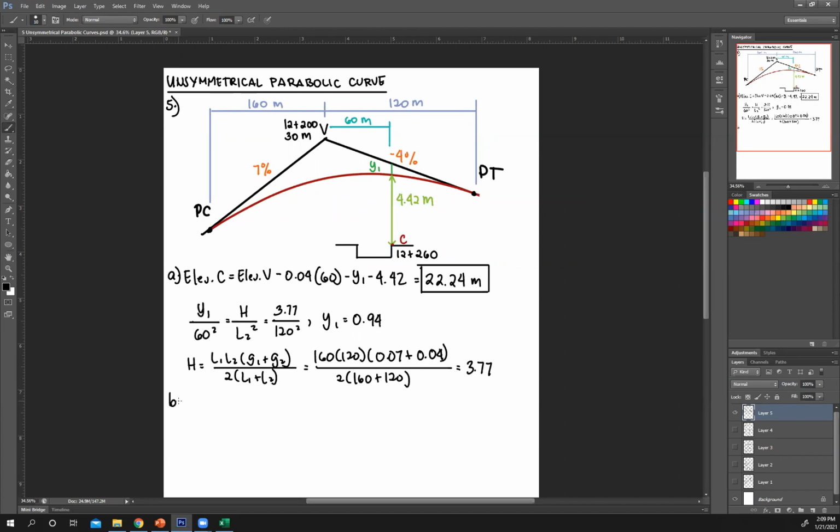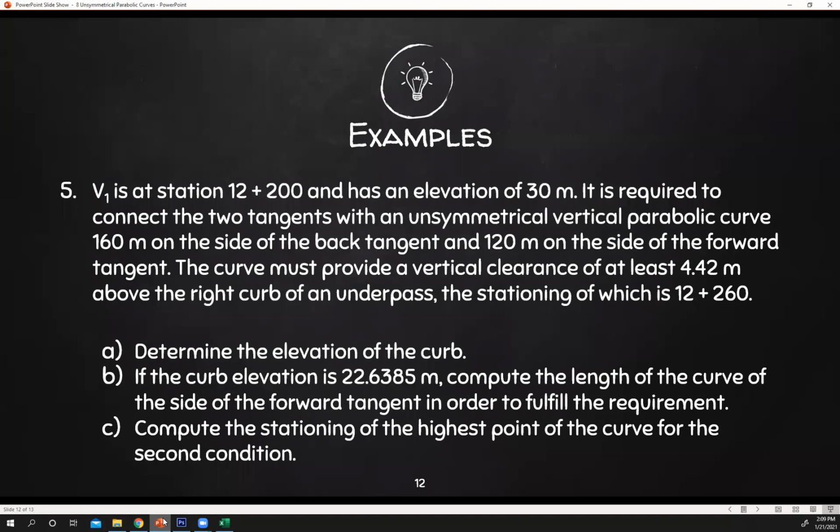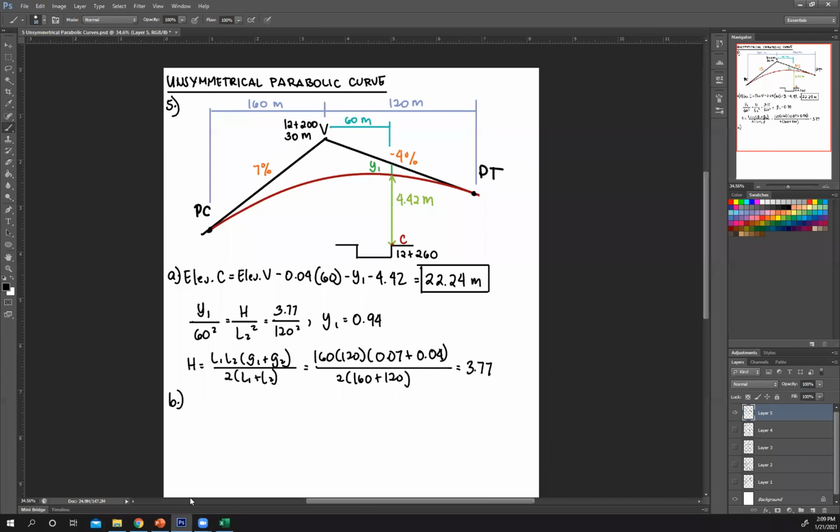Next, letter B. If the curve elevation is 22.6385 meters, compute the length of the curve on the side of the forward tangent in order to fulfill the requirement. So we're going to have now a given elevation, 22.6385.